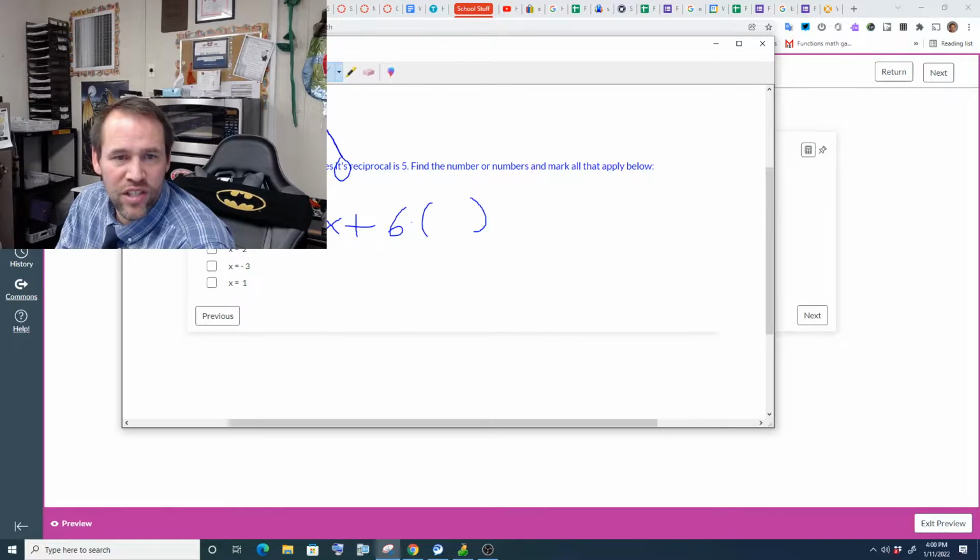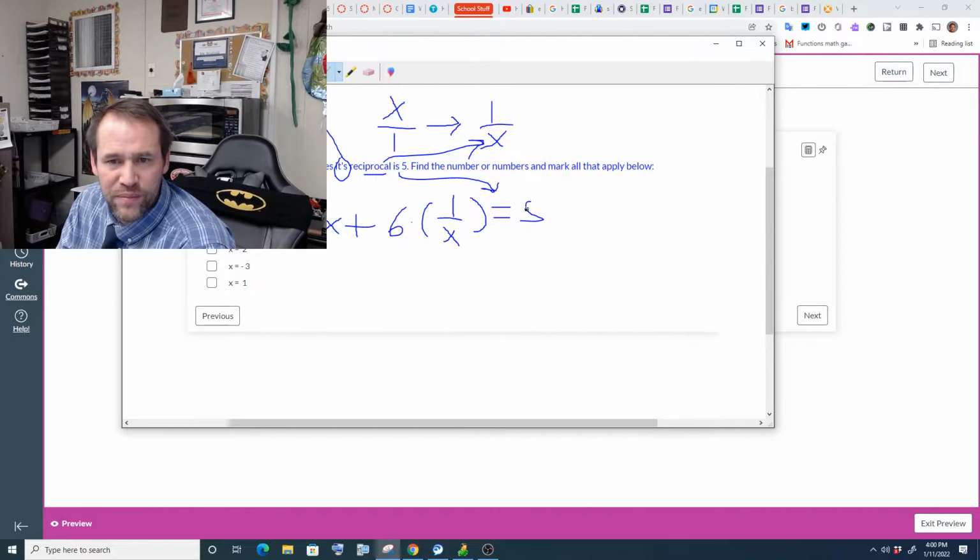Its is referring to the number x. So what's the reciprocal of x? Well, x over 1, the reciprocal is just 1 over x. So we put that there, 6 times its reciprocal. And then is just means the word equals, and then 5.